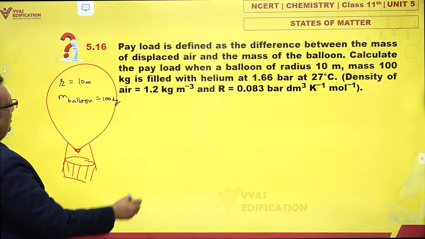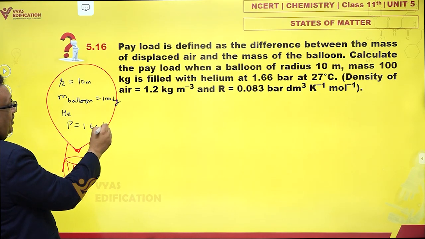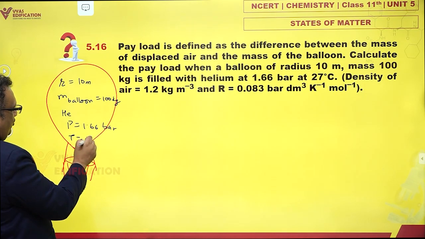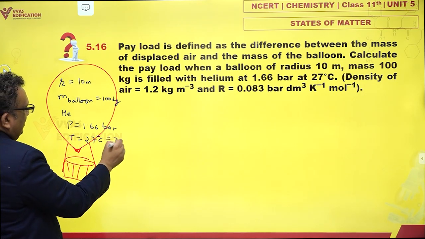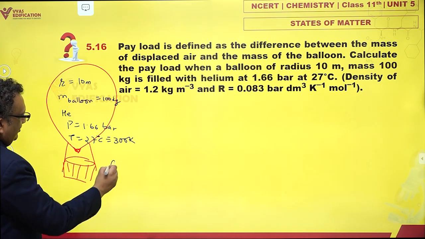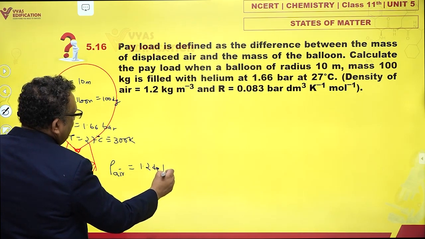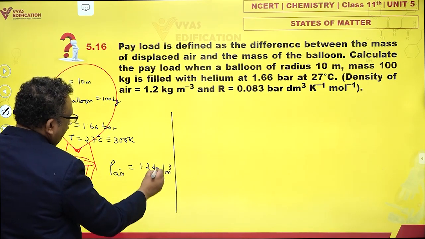It is filled with helium. Pressure is 1.66 bar. Temperature is 27 degrees Celsius, that is 300 Kelvin. Density of air I am given is 1.2 kg per meter cube. Fine.